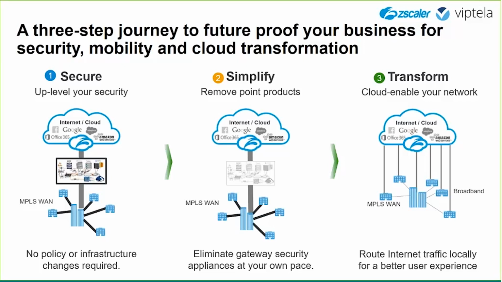You've already got the policies in place. It doesn't matter whether they came from a hub and spoke internet egress point or directly from a branch, because the policies are the same. So once you've done one, it's easy to move to number 2 and number 3 because your security is already in place.